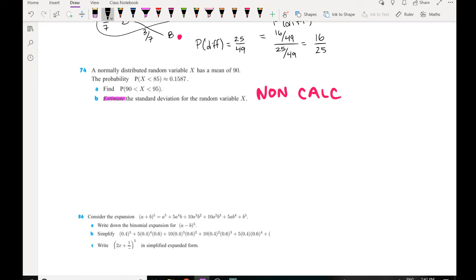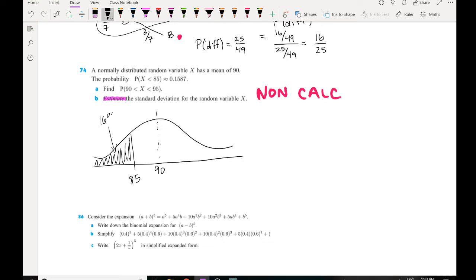So what it's asking you here, a normally distributed random variable, has a mean of 90. If I picture a rough sketch of a normal distribution curve, there's the mean of 90 right in the middle, and they're saying here's 85, and from here down, this amount is roughly 16%.